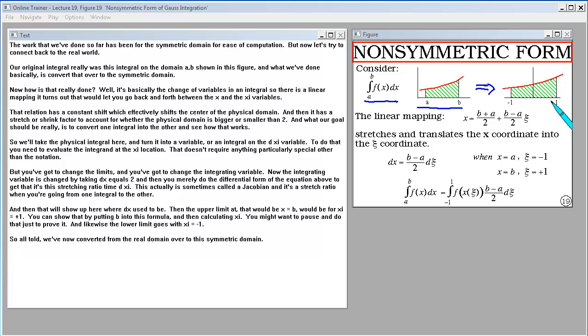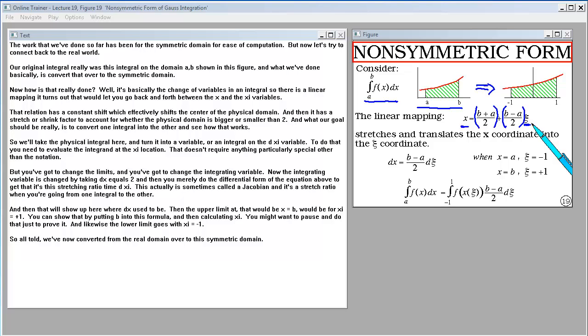So there is a linear mapping, it turns out, that would let you go back and forth between the x and the c variables. That relation has a constant shift, which effectively shifts the center of the physical domain, and then it has a stretch or shrink factor to account for whether the physical domain is bigger or smaller than 2.